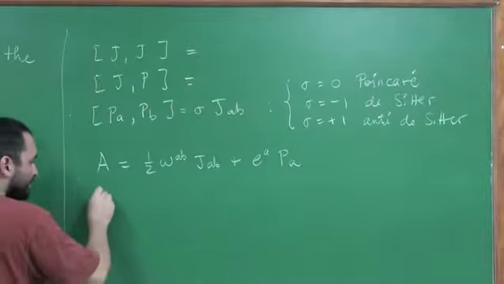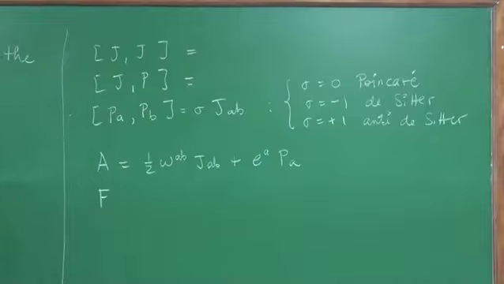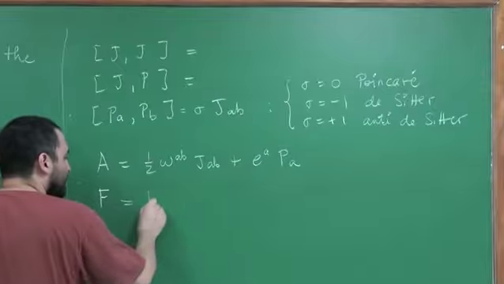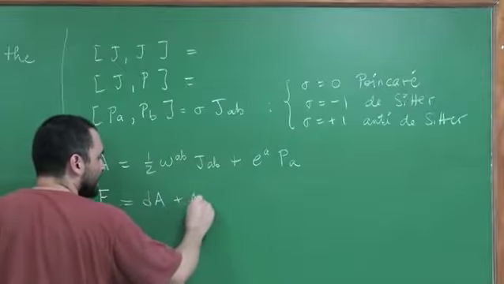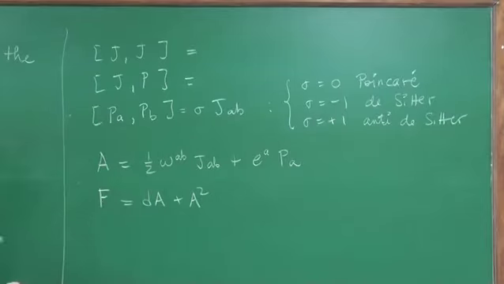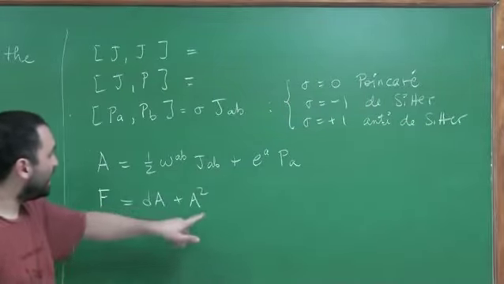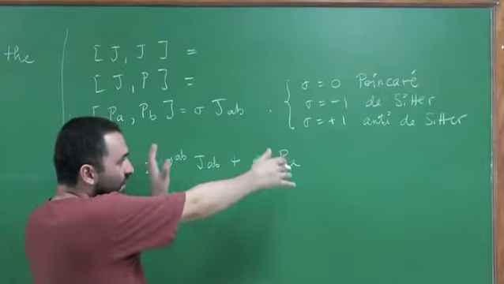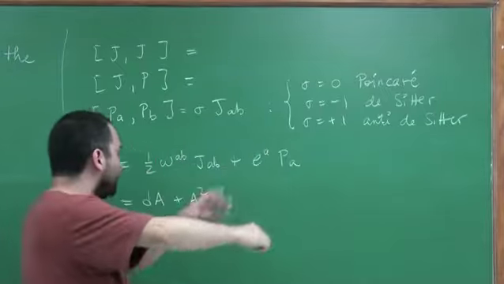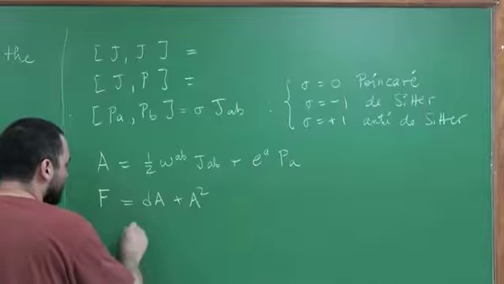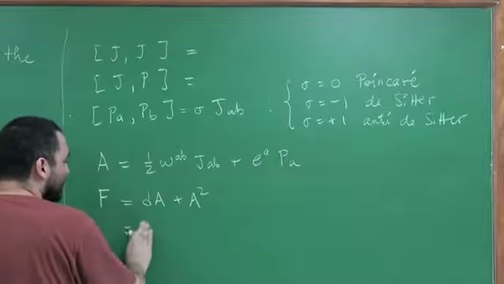Now F. You have to compute this. You have to write dA plus A squared, and dA is the derivative of this. A squared is this commute with itself, 1/2. So I'm going to write only an indication.